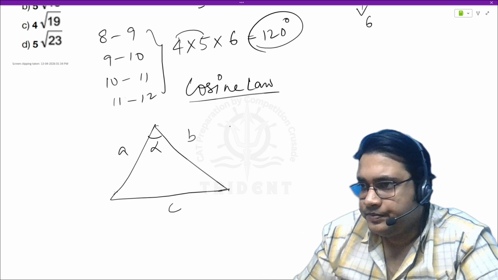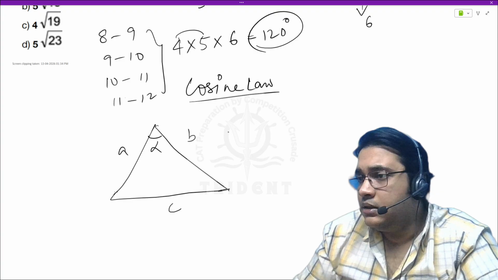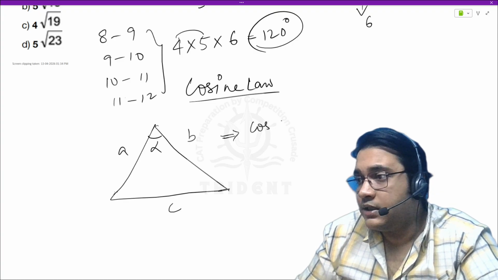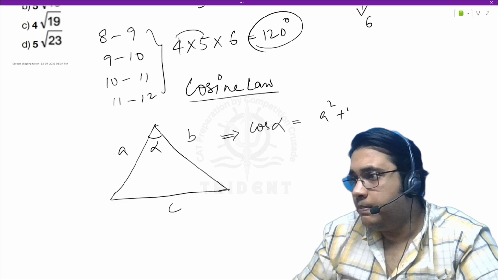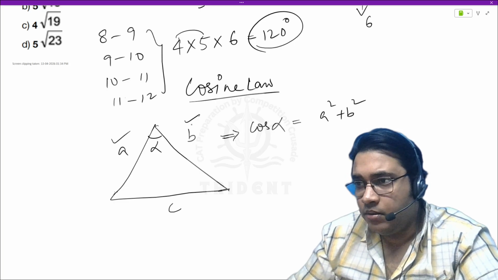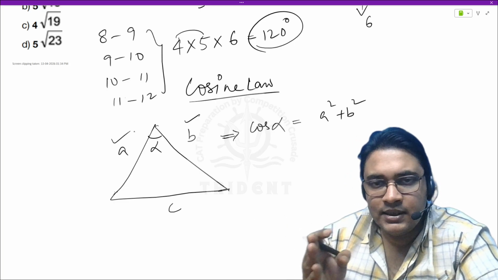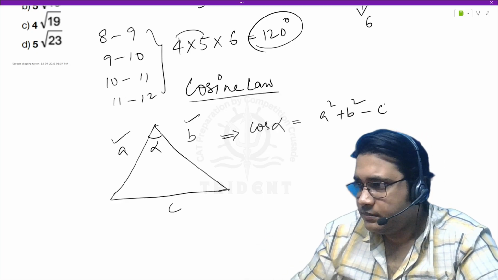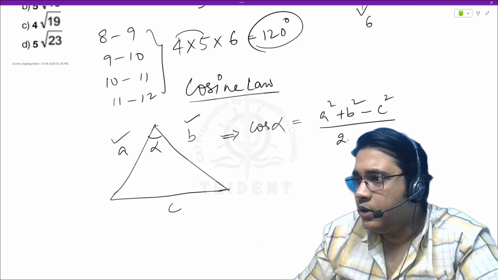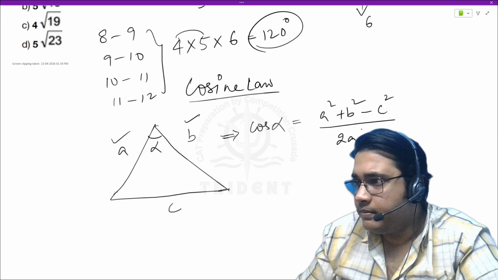The cosine rule says that cos alpha will be A square plus B square, the sides enclosing that angle, minus C square, upon 2 times A into B.